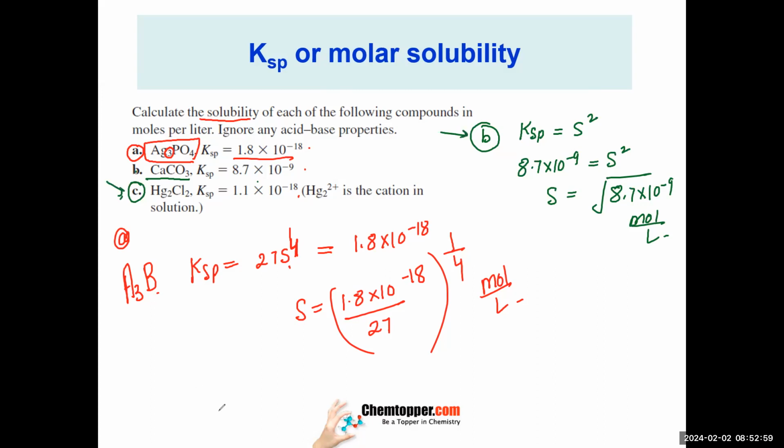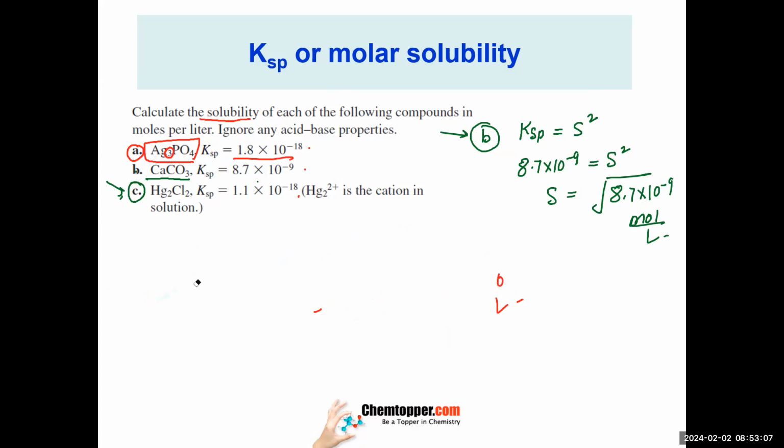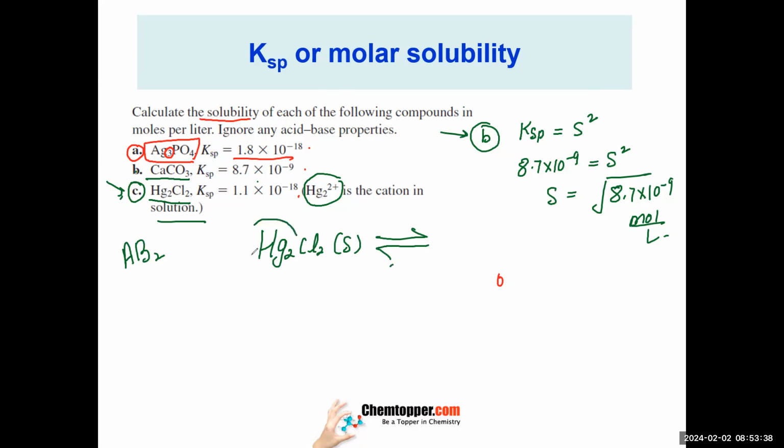Now we are doing C part. In the C, I want you to use your understanding of the ions and their dissociation and answer it. What type of salt is this? Yes, it is AB2. They are saying that when you take Hg2Cl2 and put this solid into water to make a saturated solution, this is not going to split.